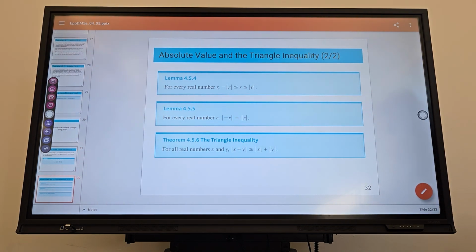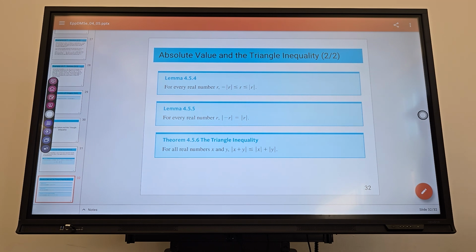For every real number r, the negative of the absolute value of r is less than or equal to r, which is less than or equal to the absolute value of r. For every real number r, the absolute value of negative r equals the absolute value of r.